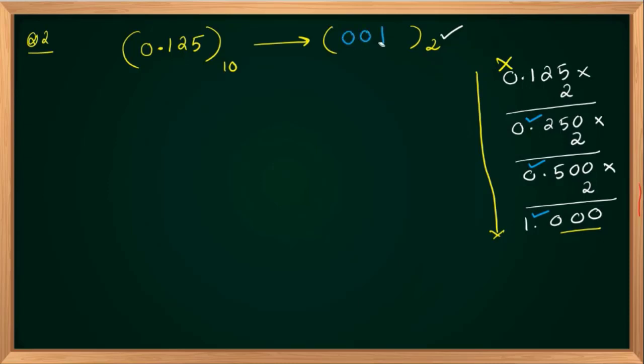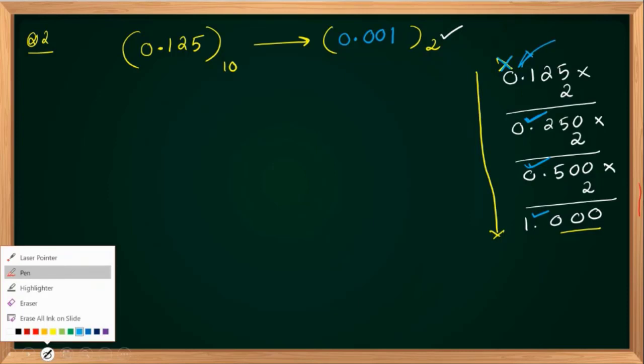And you should put a point before this, 0.001. This 0 is not part of our result, that is a part of our given number. So I should take from here onward 0, 0, and a 1, to convert a fraction decimal number into base 2 equivalent.